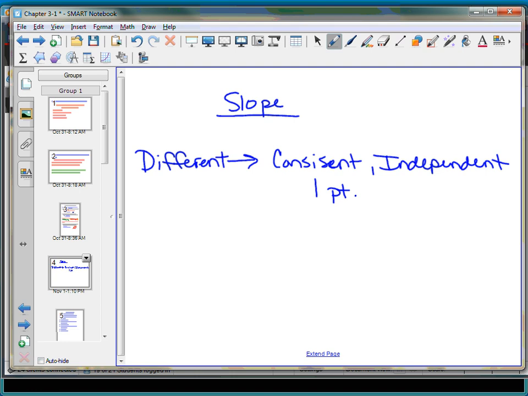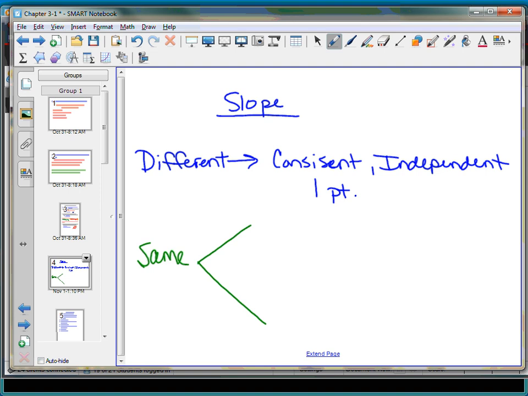Okay. Now, if it's not different, then what are they? The same. So if it's the same, meaning my slopes are the same, I branch off into two different concepts. And if my slopes are the same, then what is the next DNA thing I need to look at? What else is DNA in an equation?